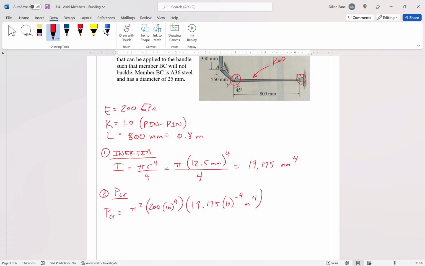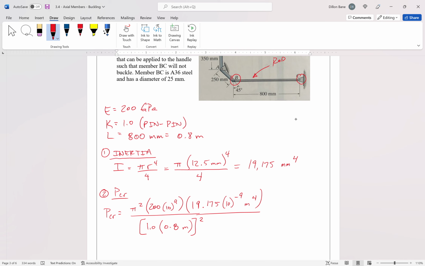I'm converting millimeters to the 4th to meters to the 4th by dividing by 1,000 four times. And then our K value is 1.0, and our length in base units is 0.8 meters, and we get all this squared.